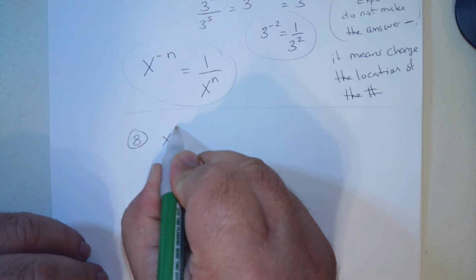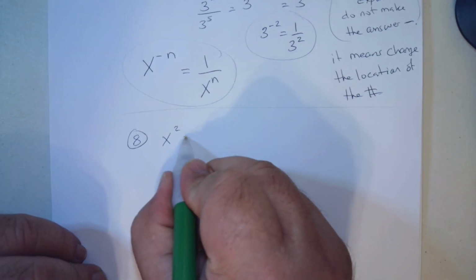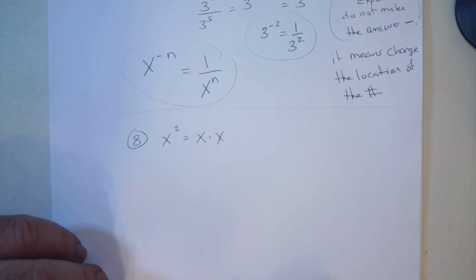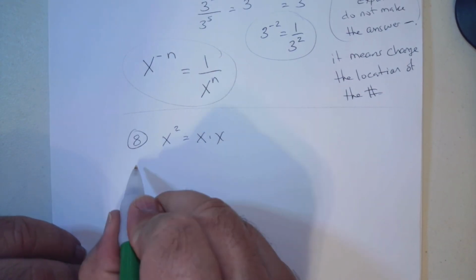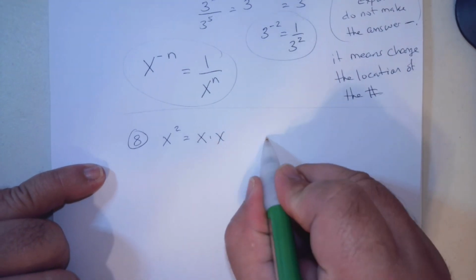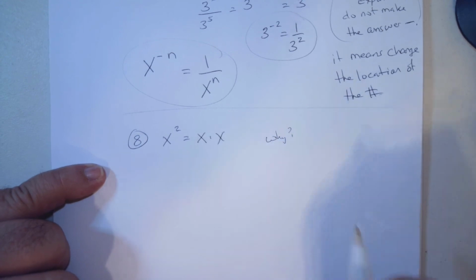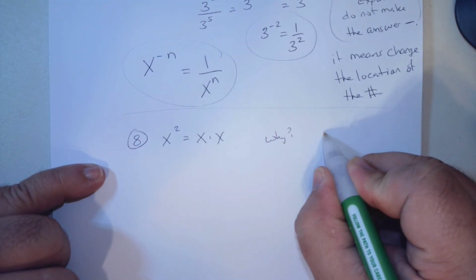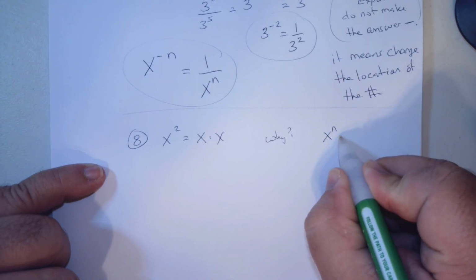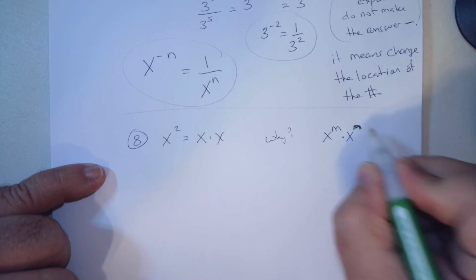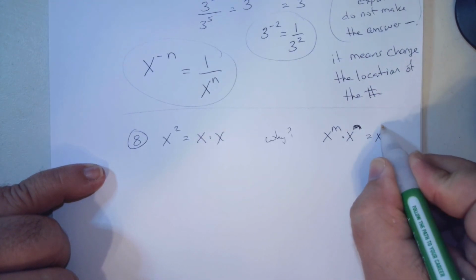We know what x squared means. Remember, it's x times x. Why is it x times x? Because from rule number 1, if you have the same bases, what do you do with the exponents?